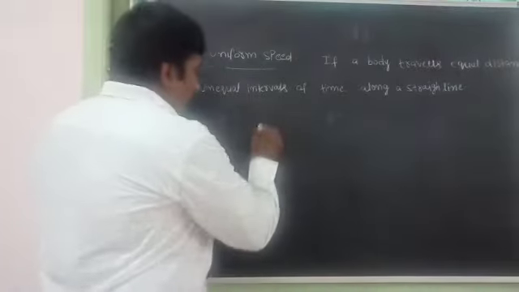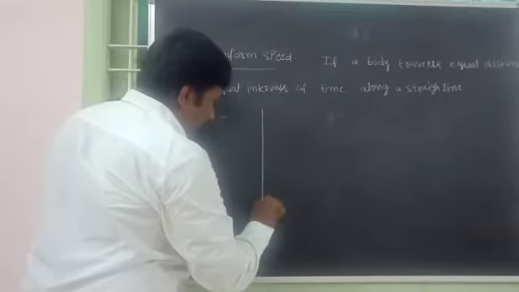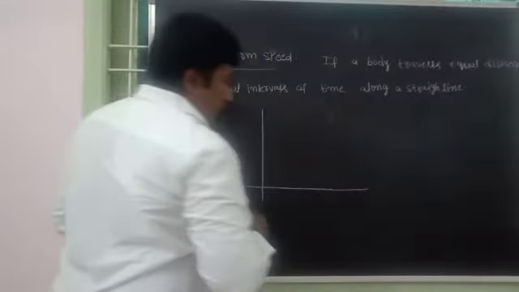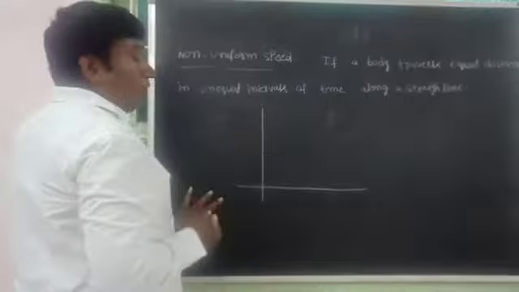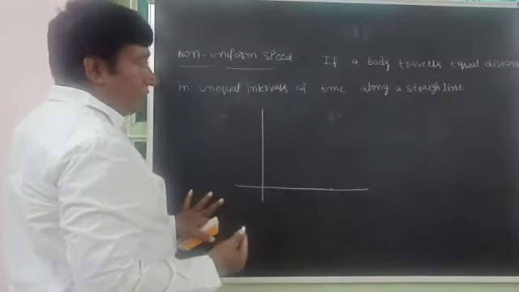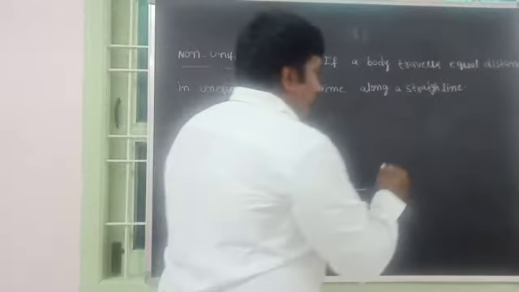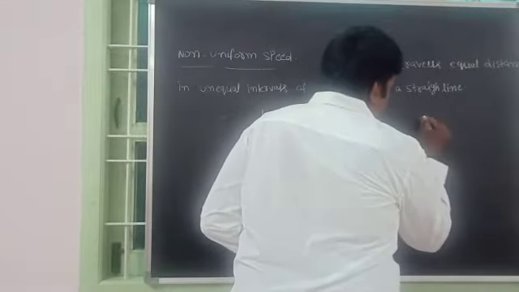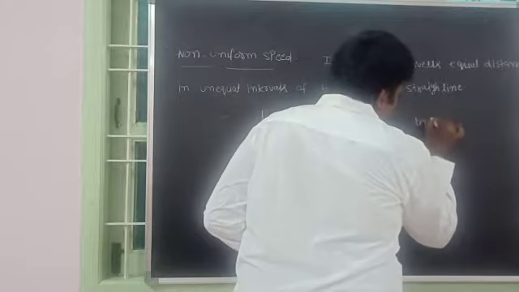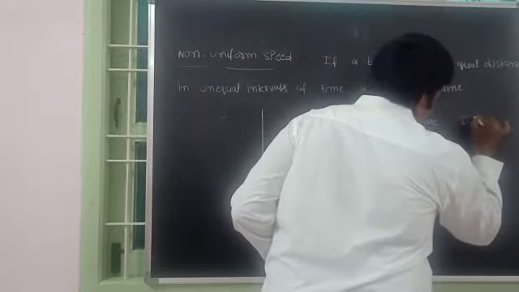So for that, we take a graph like this, which will be non-uniform. That means it does not cover equal distance in equal intervals of time. For example, I am taking time and then distance.